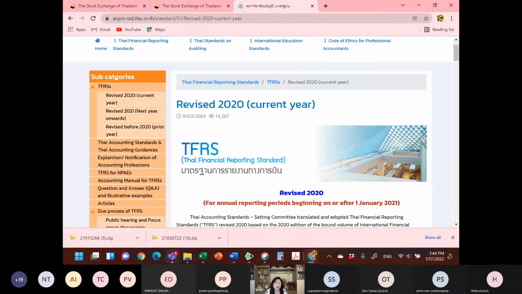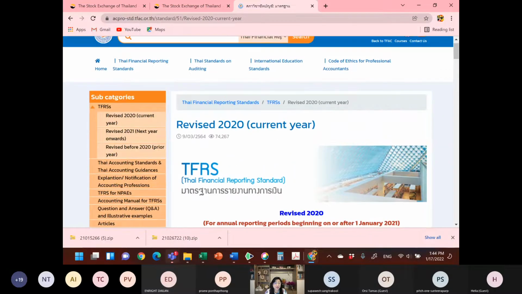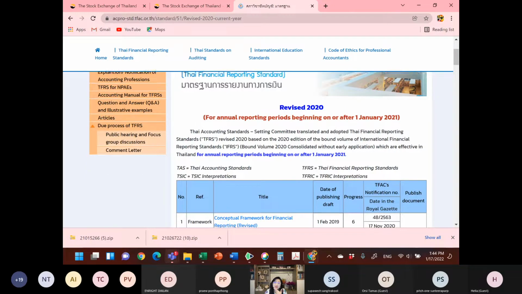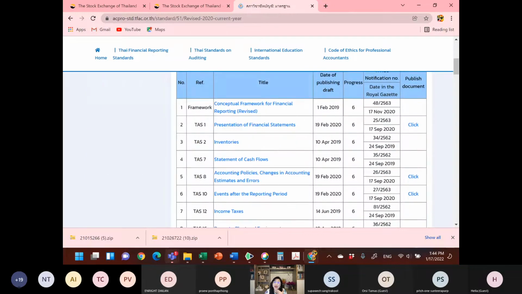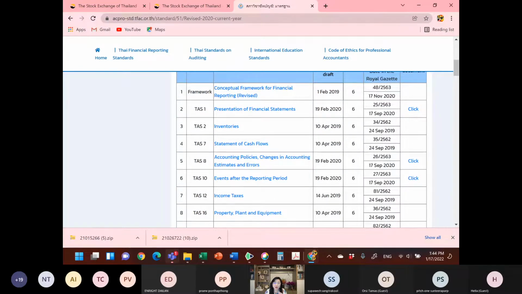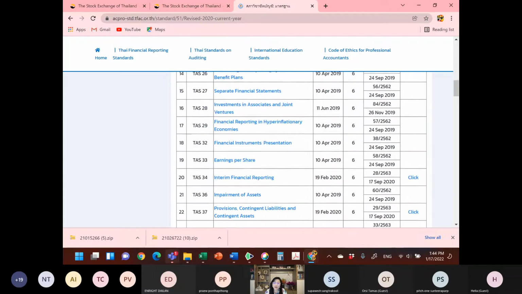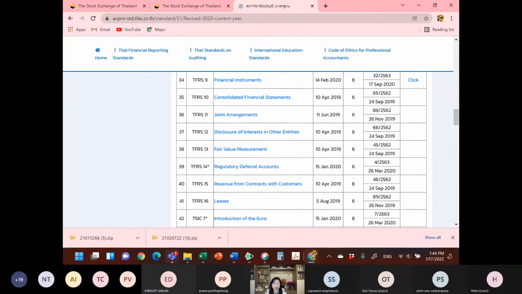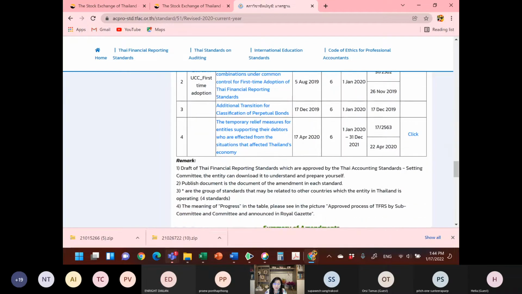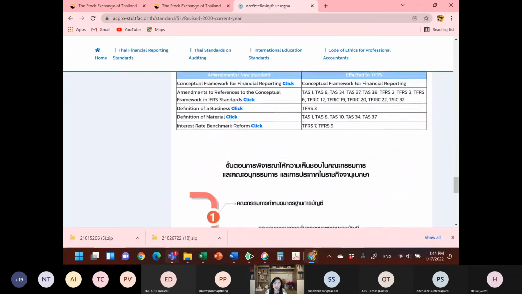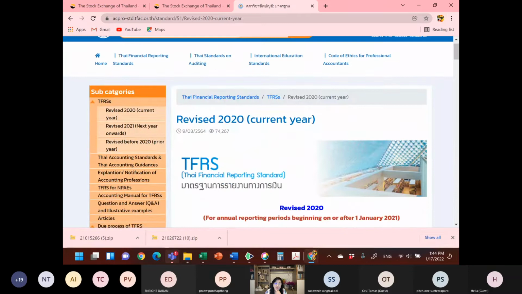So this is the TFRS for PAEs, for publicly accountable entities. So if you look at the list of standards that they have to follow, look at this now. The number 1, 2, 7, 8, 10, 12, 16, and so on and on. A lot of them, right? So there are a lot of standards that the company will need to comply with.